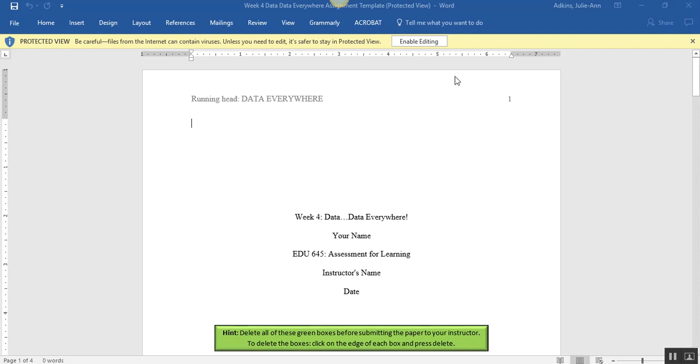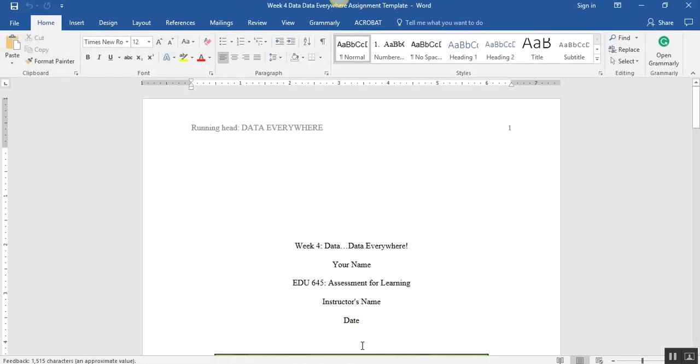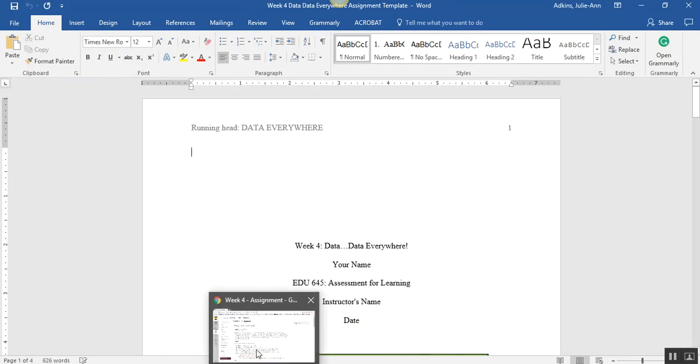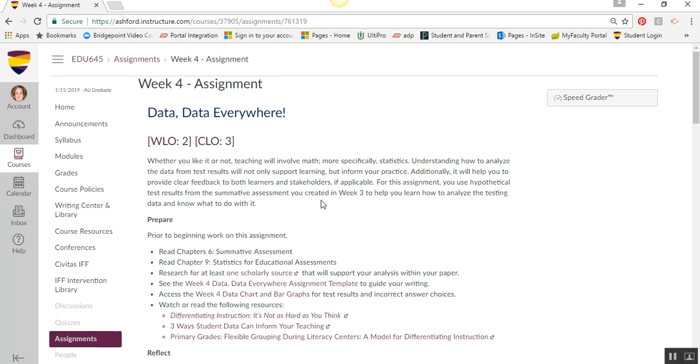I wanted to go over the week 4 assignment because it's pretty extensive. So I'm going to go back to the week 4 assignment instructions.